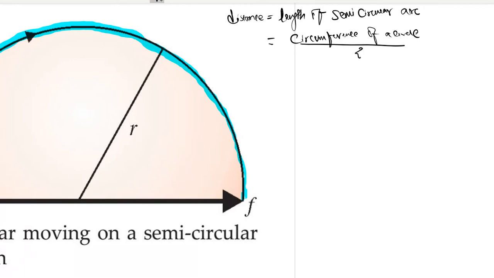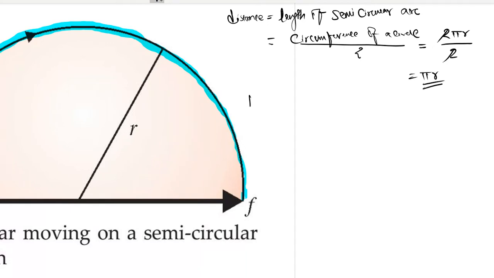What is the formula of circumference of a circle? 2 pi r upon 2. So that is pi r. So the distance is pi r. You know the value of pi, right? The value of pi is 22 by 7 or 3.14.